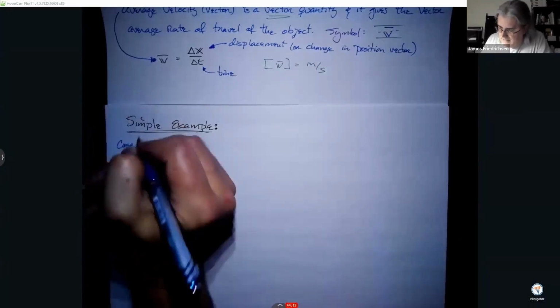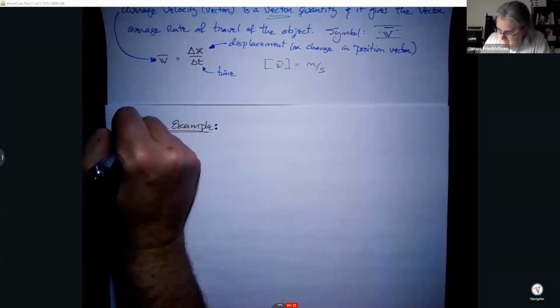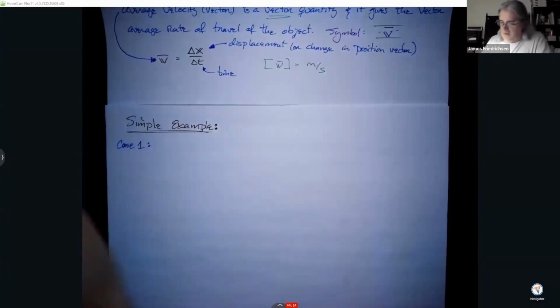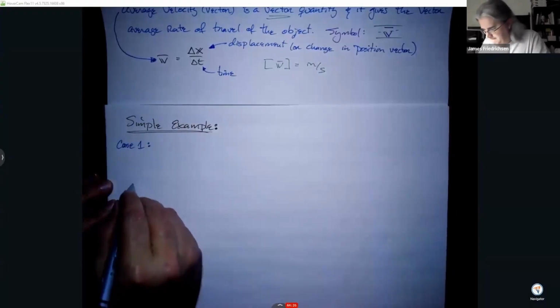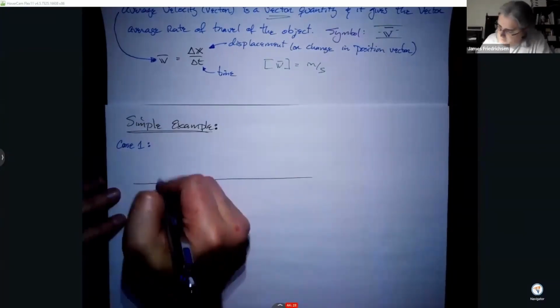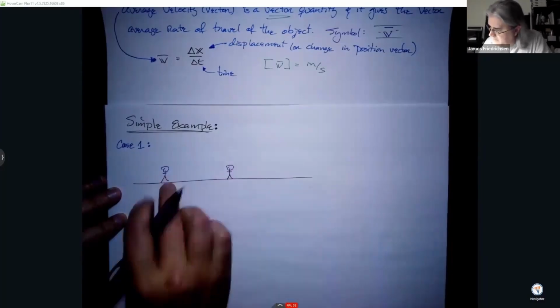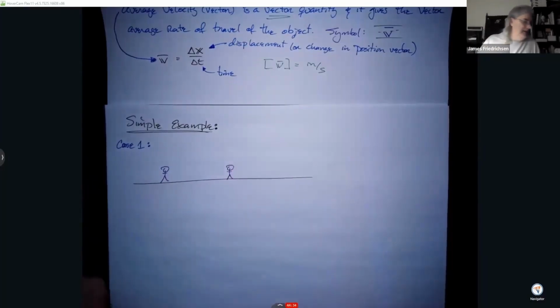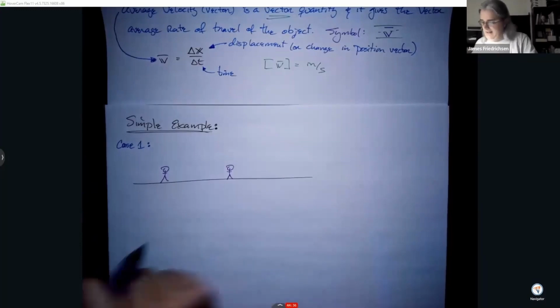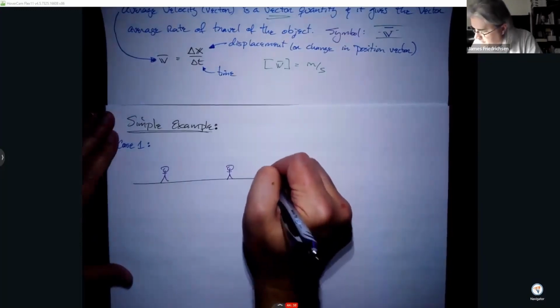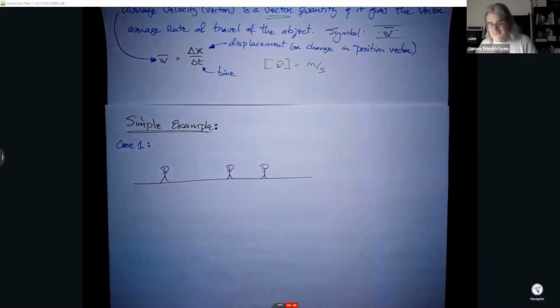And so in this first part of the example, I'm going to call that case 1. So in our first case, we're going to have our person walk in a straight line. They're going to do 10 meters. They're going to go to the east. And then in the second portion of the motion, they're going to do 5 more meters east.